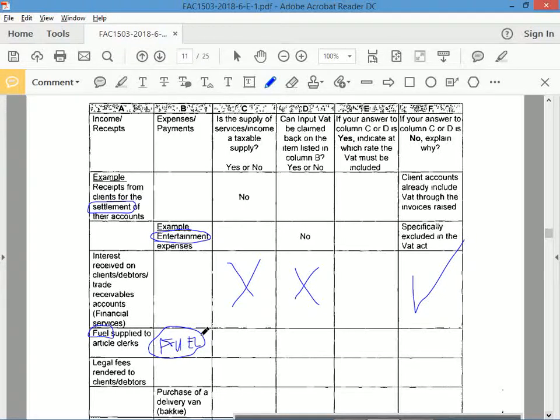fuel and you're giving it to the article clerks to use to maybe travel to clients or to do their work. Right, but that's a whole different consideration because then the article clerk could probably include that as like a fringe benefit. If you're getting a travel allowance or a company car or some sort of perk, that's not part of that.